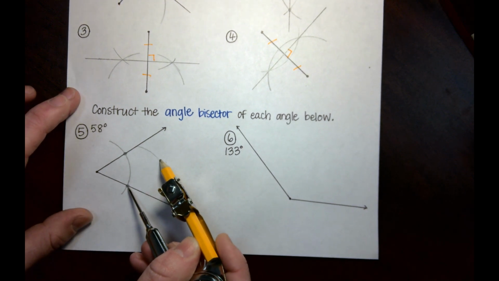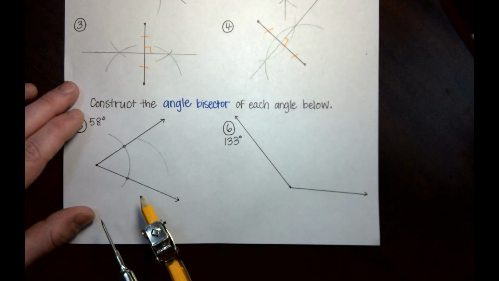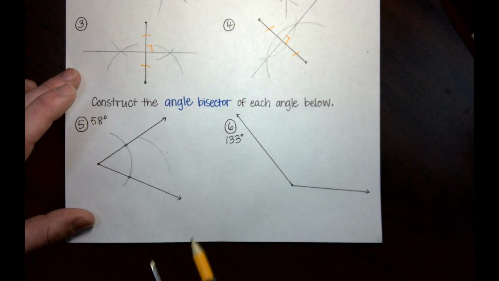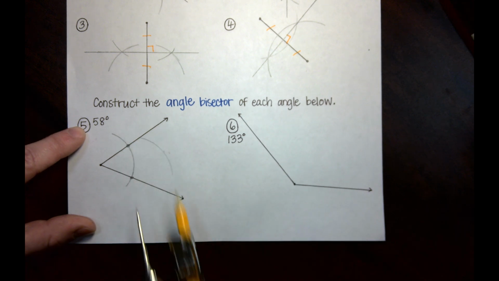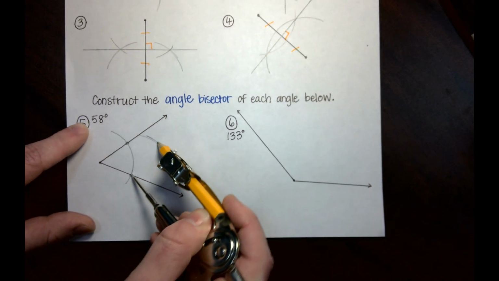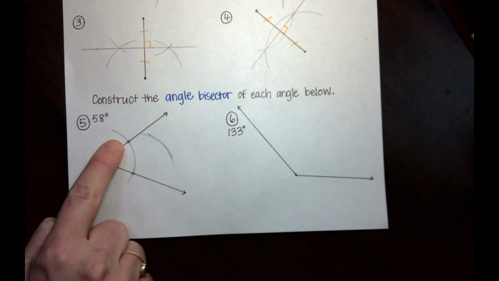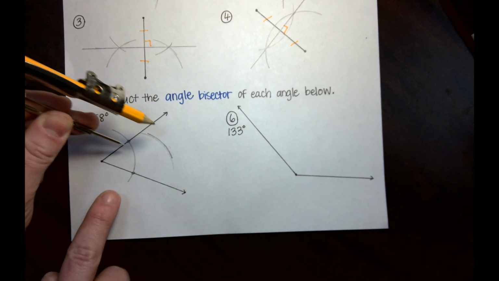Let me show you the third step, and then I'm going to look and see if yours starts to look like mine after the third. So we made our first arc, and then we're making our second arc. And then we're going to move to that last point, the other intersection.